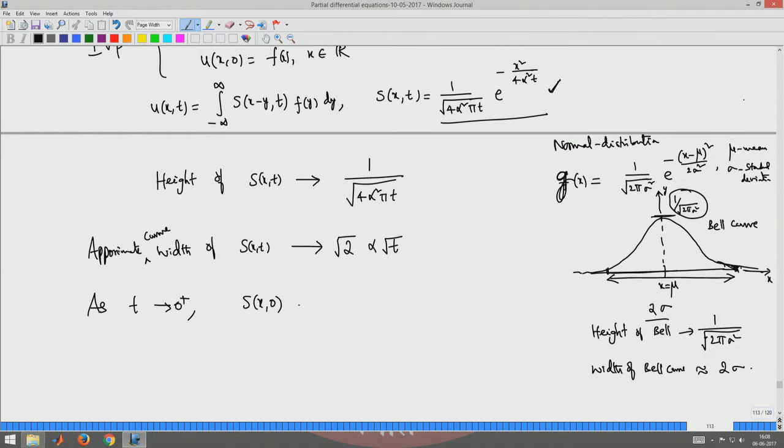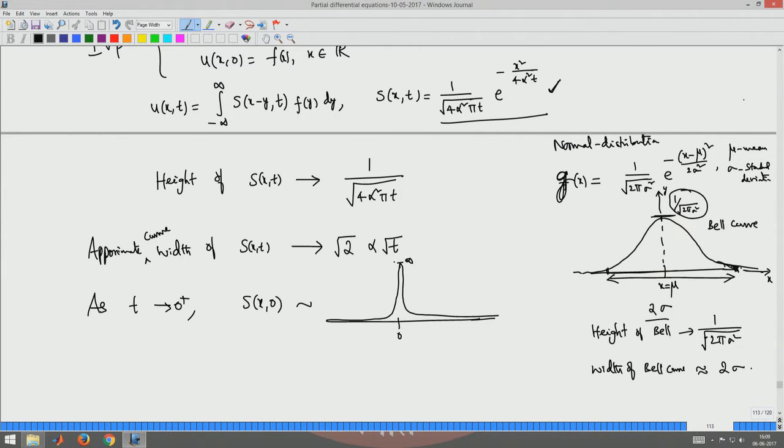Okay. So, how does this look as a function? Geometrically, this is what happens: the bell curve looks very, very steep at x equal to 0. So, mu is 0 here, so in this case x minus 0 squared. At x equal to 0 you have an infinite peak.